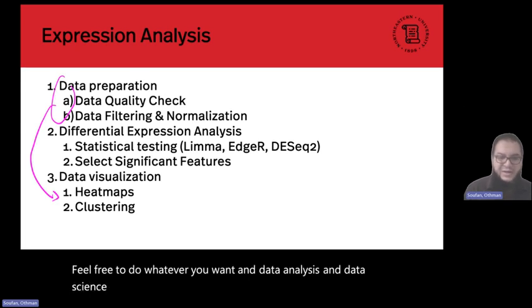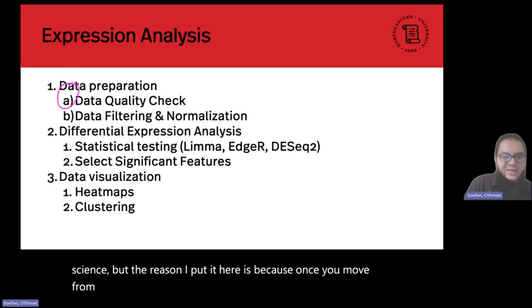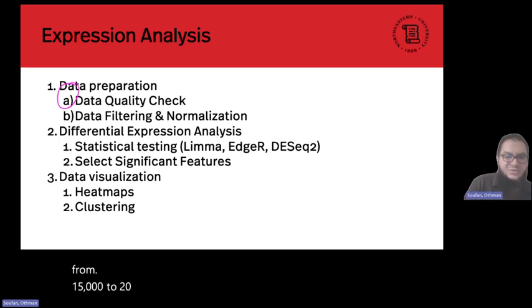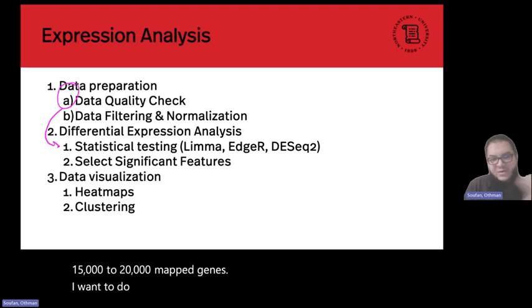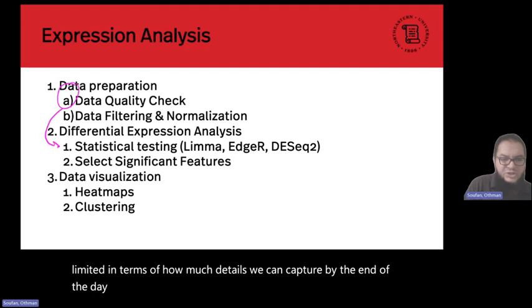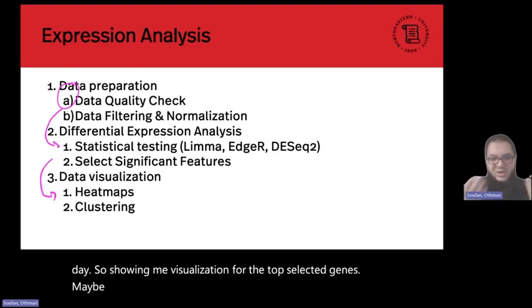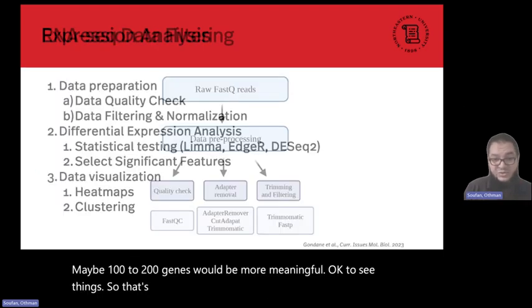But the reason I put it here is because once you move from 15,000 to 20,000 mapped genes, I want to do visualizations. And with our human eyes, we are limited in terms of how much detail we can capture by the end of the day. So showing me visualization for the top selected genes, maybe 100 to 200 genes, would be more meaningful, okay, to see things. So that's why we put it in this order.